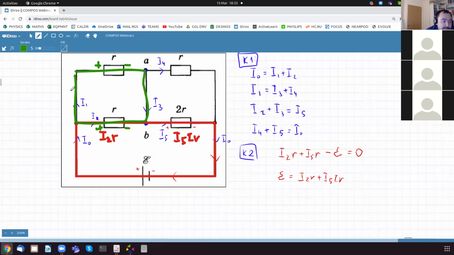We need to choose, so let's say we're going clockwise around the circuit. So this is the red loop, and this is the green loop.